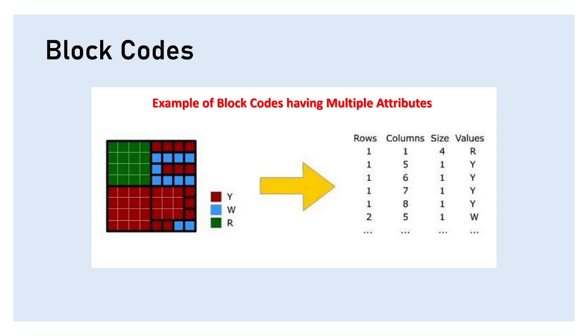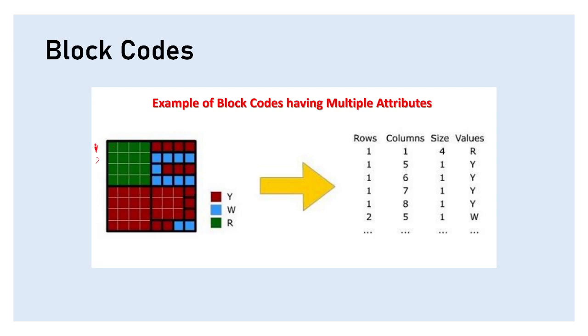Okay, 4, and the color is R, red. In the same row 1 and the 5th position, we have one Y.